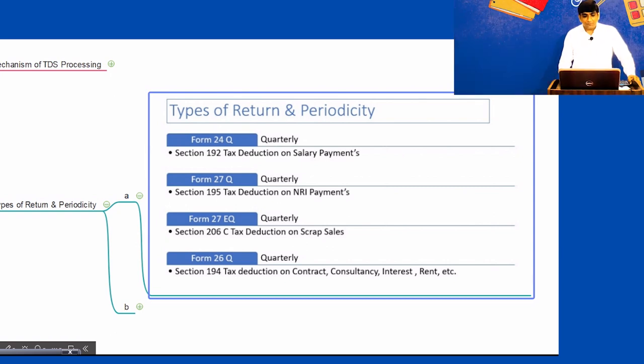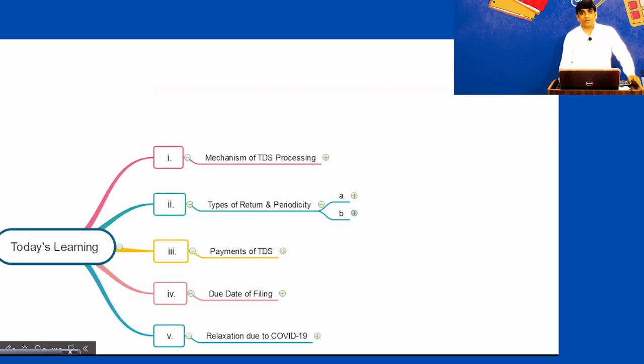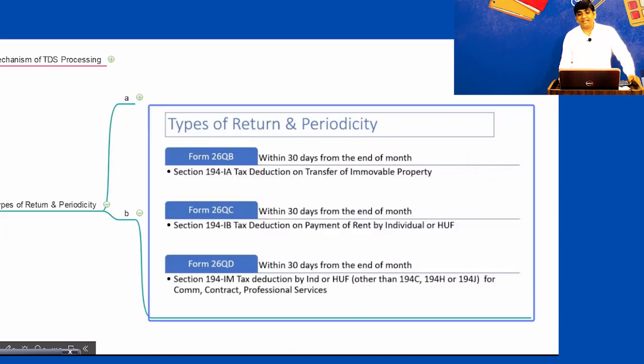Now there are certain forms which are required to be filed on a monthly basis, but they are for individuals or HUF or some special kind of transaction. First, let's discuss form 26QB. Form 26QB is in relation to tax deduction on transfer of immovable property.